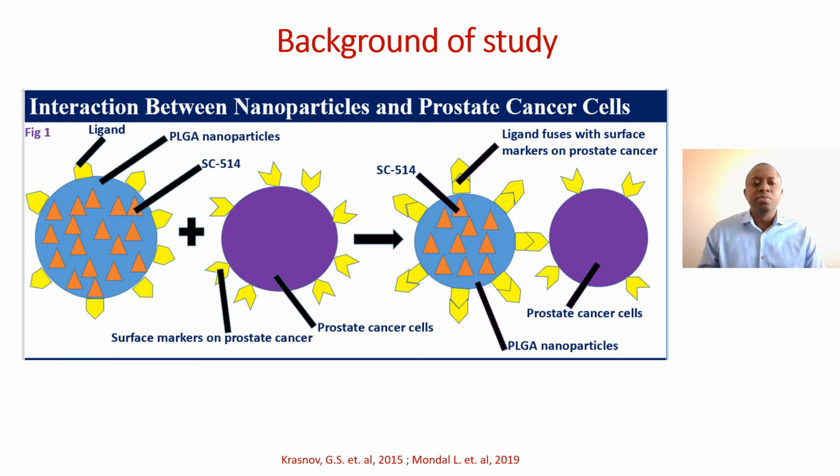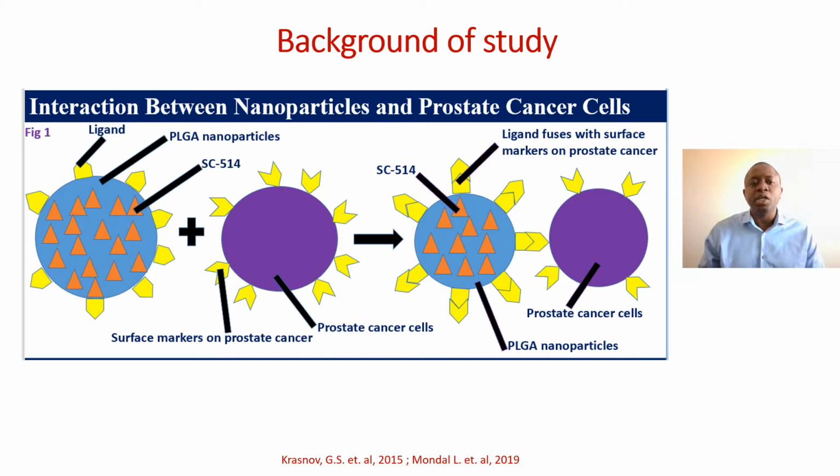Background of study. Prostate cancer is still a major concern because there is still a high incidence of death from prostate cancer recorded in America. Because of this, drug resistance has been implicated as one of the major causes of this death from prostate cancer patients.